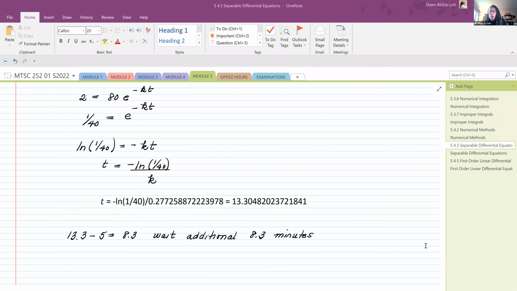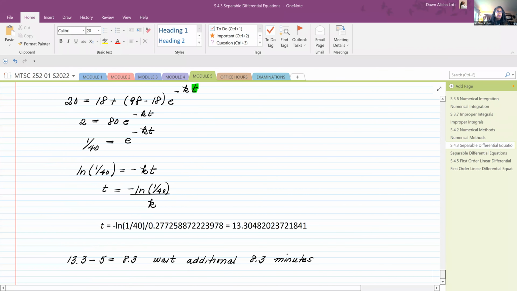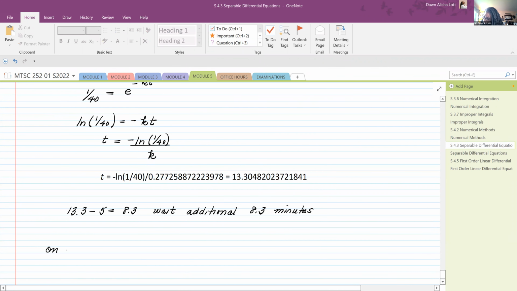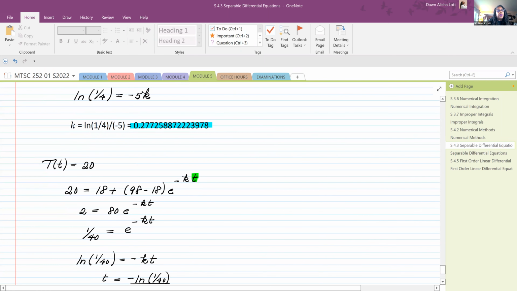Okay, so what you will do is you will leave your K from this problem as, so on the exam, we found that K equals natural log of 1/4 divided by negative 5.